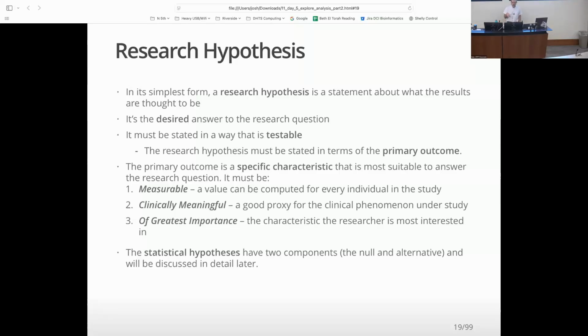The primary outcome will usually have specific characteristics that make it so that you can actually try and answer the research question. So again, it needs to be measurable. It's something that you can measure or compute for every individual.